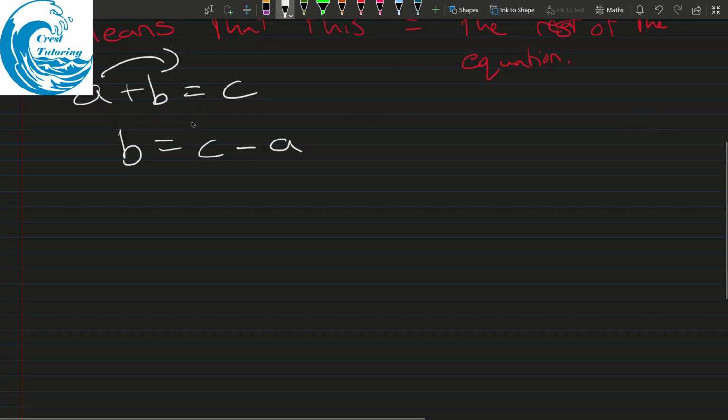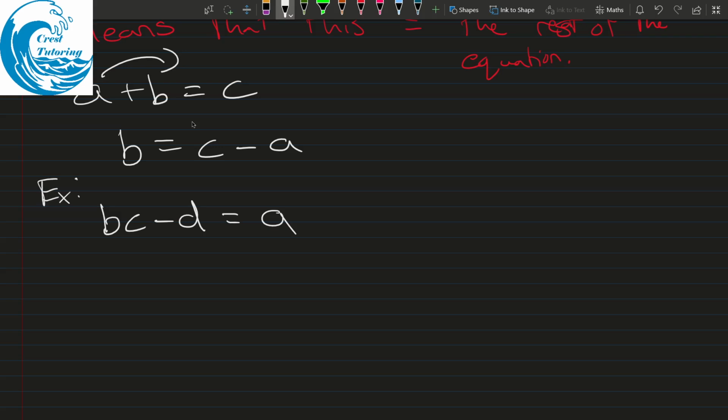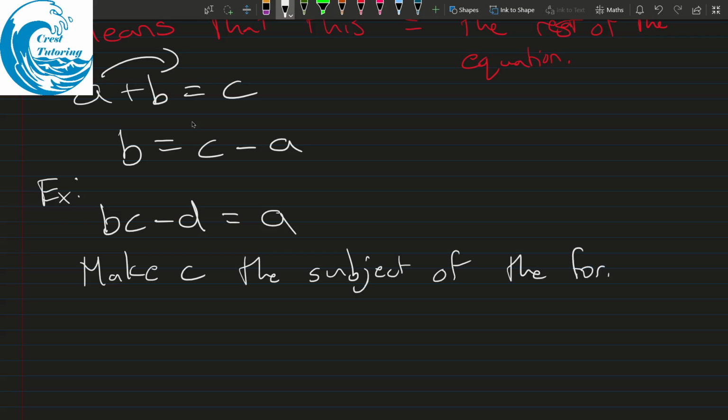So if we do another quick example, if I say bc minus d equals a, okay, so this is an example, and I'm going to say make c the subject of the formula.